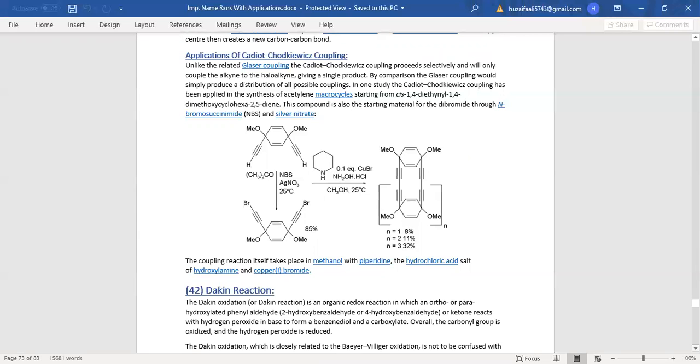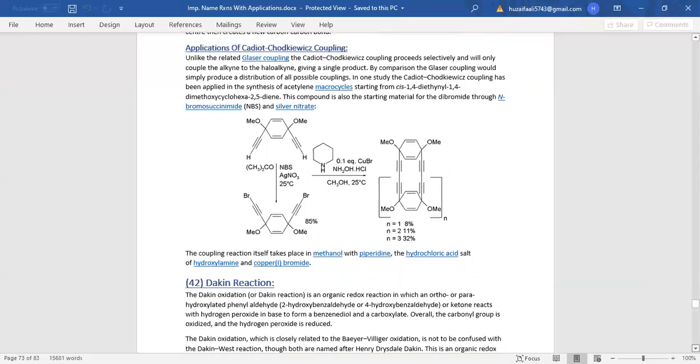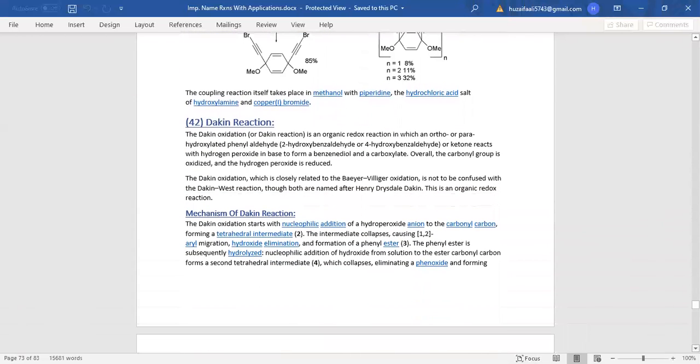This compound is also the starting material for the dibromide through an reaction with N-bromosuccinimide and silver nitrate. The coupling reaction itself takes place in methanol with piperidine, the hydrochloric acid salt of hydroxylamine, and copper(I) bromide.